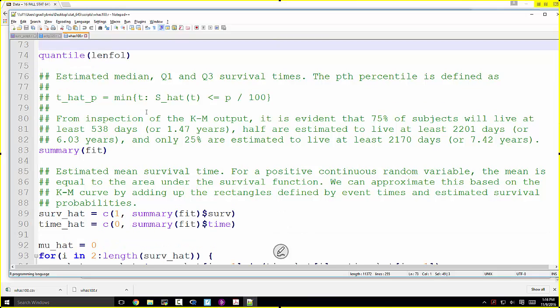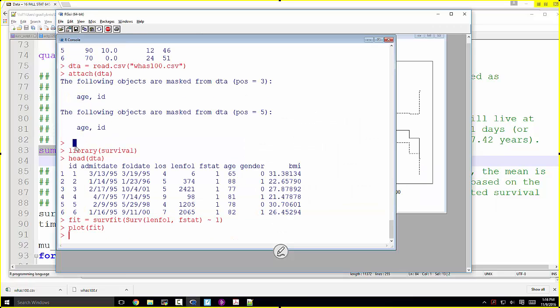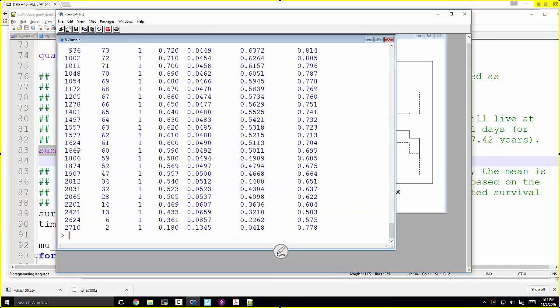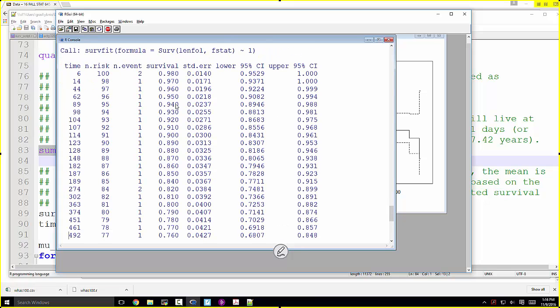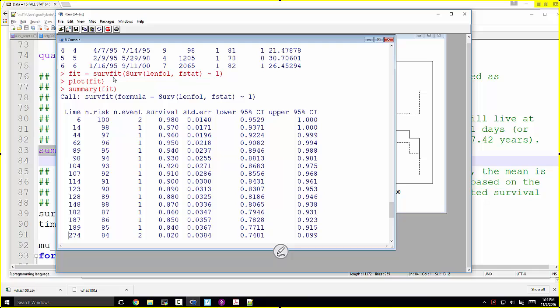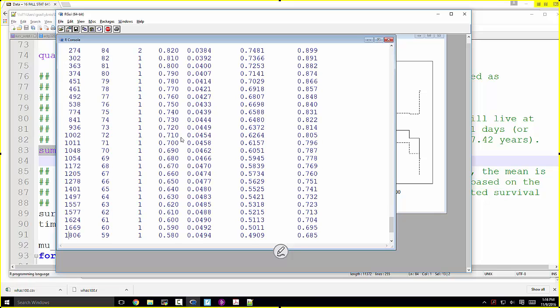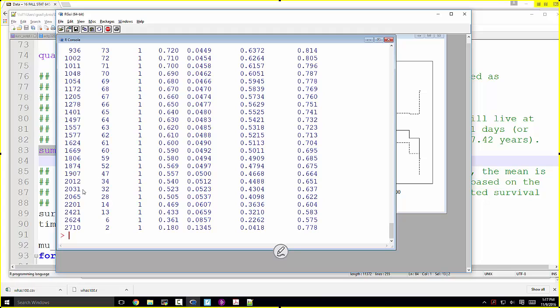To get percentiles of survival probabilities, so what's the median survival time? It's the 25th percentile, or we can look at the output from survfit, and the survival column, wherever it drops below the target percentile, that's the time that we grab as the estimate.